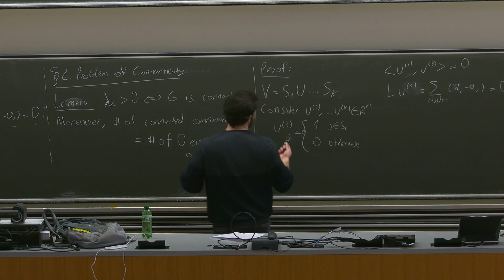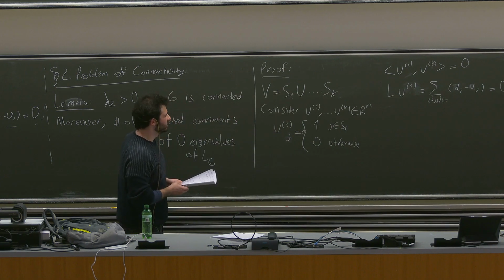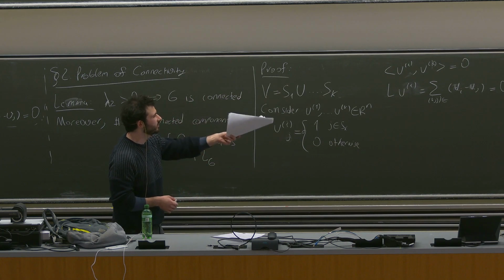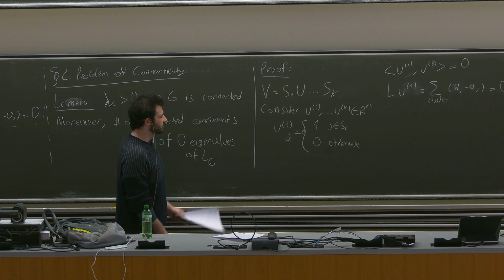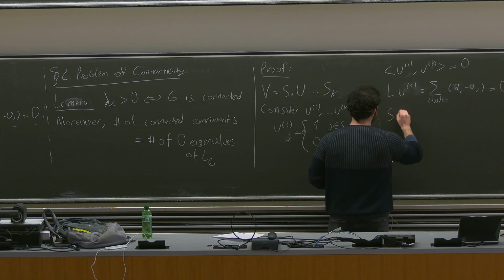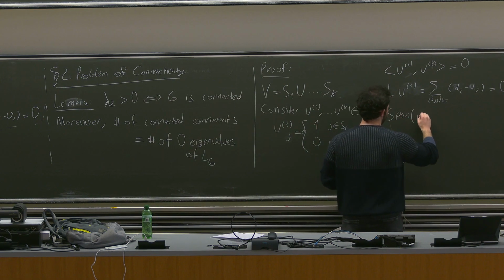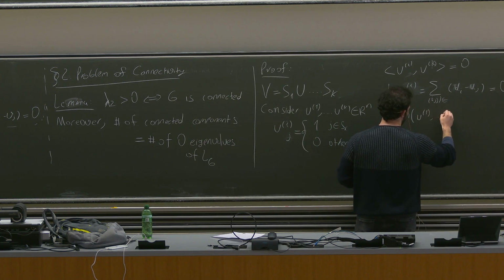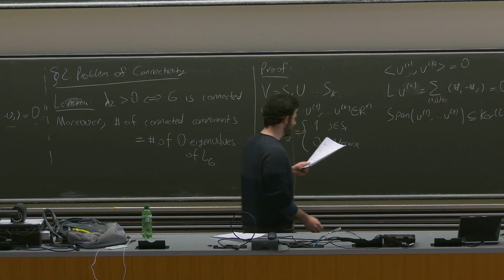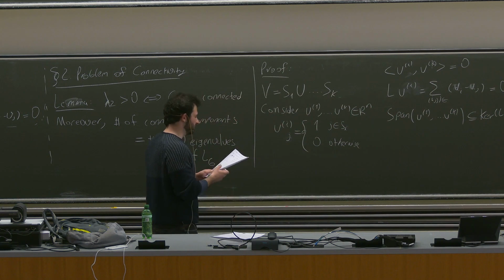So why did we do all of this? We just showed that there are a bunch of orthogonal vectors that are in the kernel of L. This would mean that the span of u_1 to u_k is a subset of the kernel of L. So what does this mean?